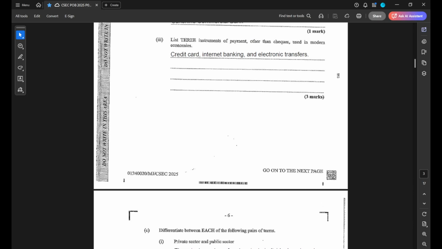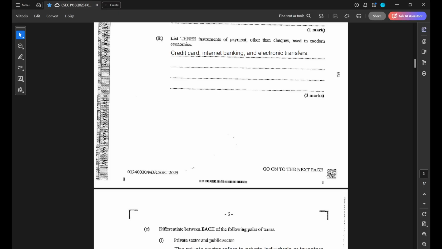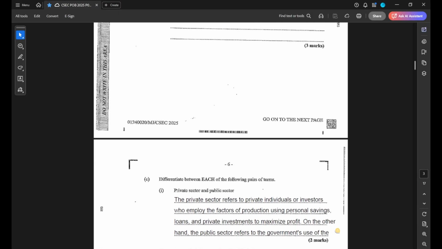Part C, differentiate between each of the following pairs of terms. We have private sector and public sector. The private sector refers to private individuals or investors who employ the factors of production. And we all know the factors of production: land, labor, capital, and enterprise or entrepreneurship.